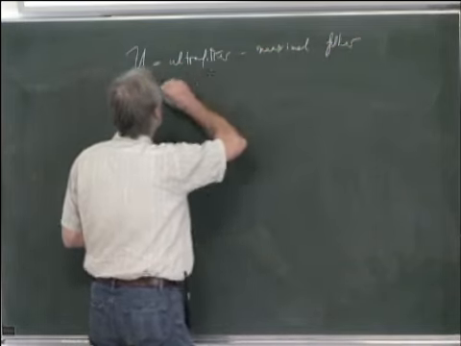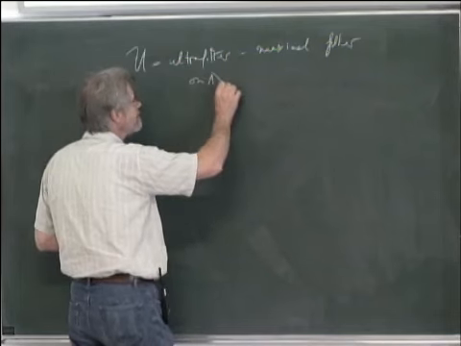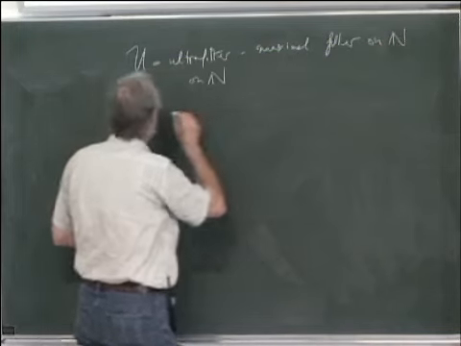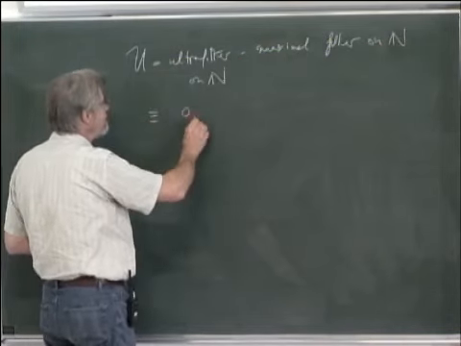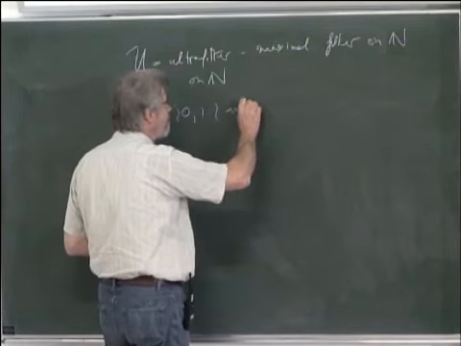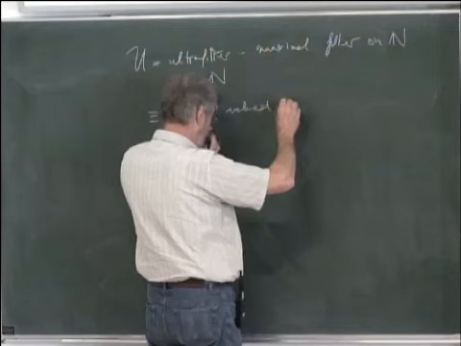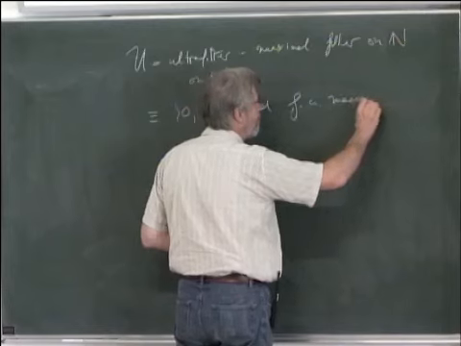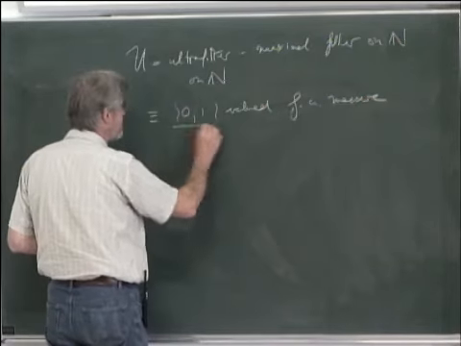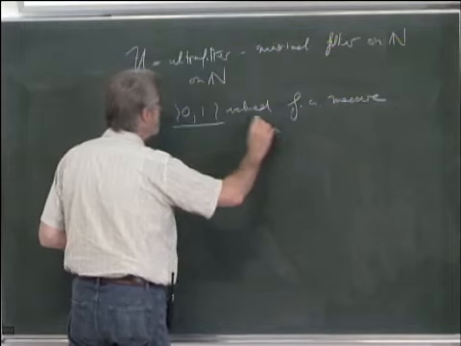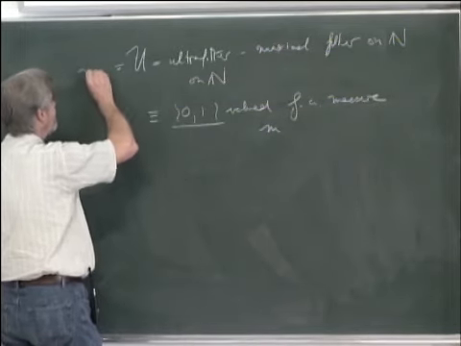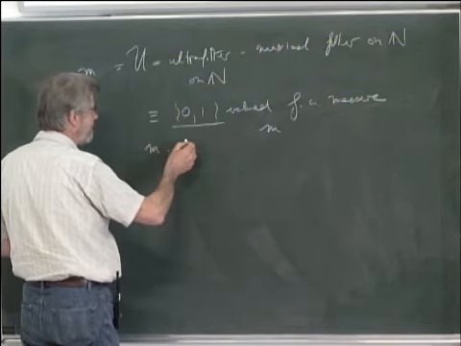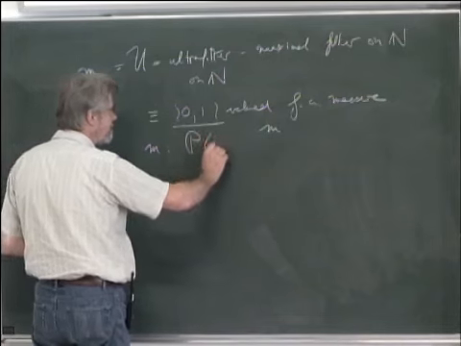Okay, so on the natural numbers, it's the same thing as a 0, 1 valued finitely additive measure. So if we think of it in this sense, let's call it M. M is a function from all subsets of the natural numbers.